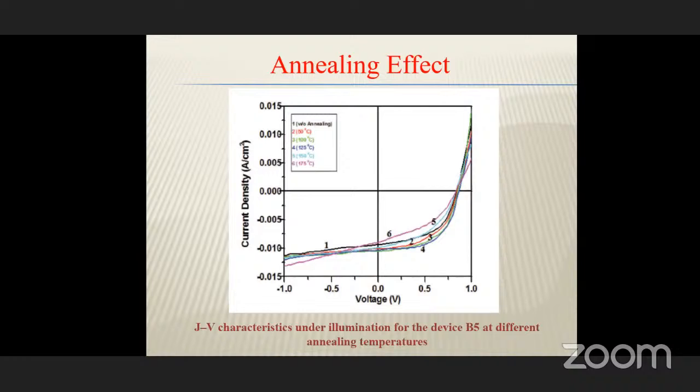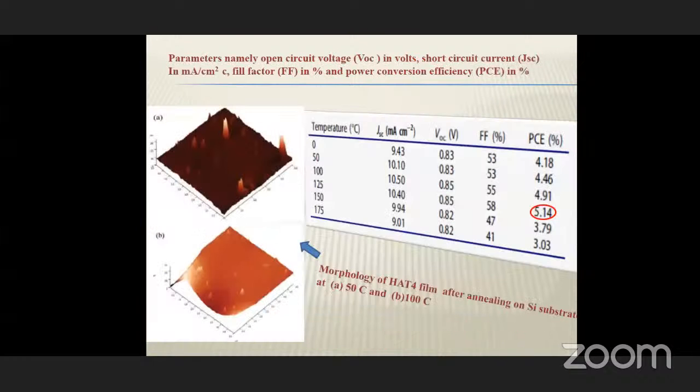Maximum efficiency of 5.14% we have achieved with this exercise, and this is a substantial improvement over the previous reports. For example, Vacuum et al. have reported that thermal annealing did not work effectively in PCDTBT and PCBM blend solar cells.